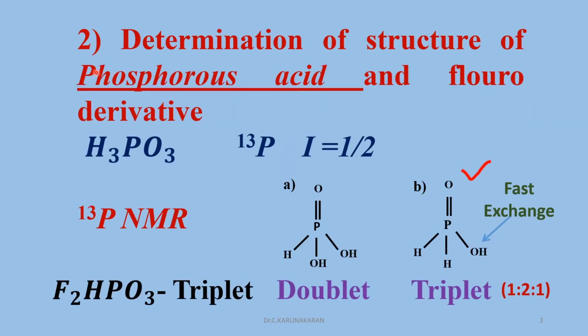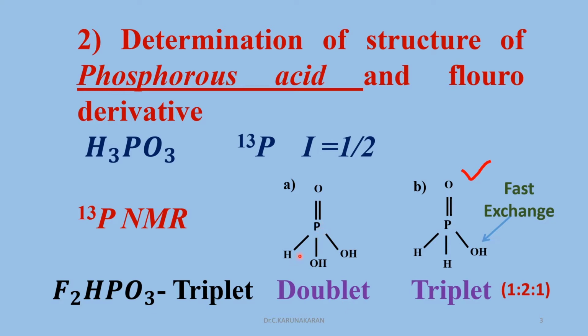The structure of phosphorus acid is elucidated by using phosphorus NMR. The formula of phosphorus acid is H3PO3. There are two possible structures I have given here. Phosphorus-31 has I equal to 1/2.